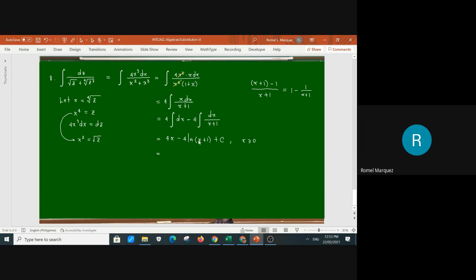Therefore, no need for absolute value. But if you put it in yours, okay lang. But what is x, guys? The fourth root of z. So the answer is 4 times the fourth root of z, and then minus 4 ln of the fourth root of z plus 1, plus c. Okay, that's it.